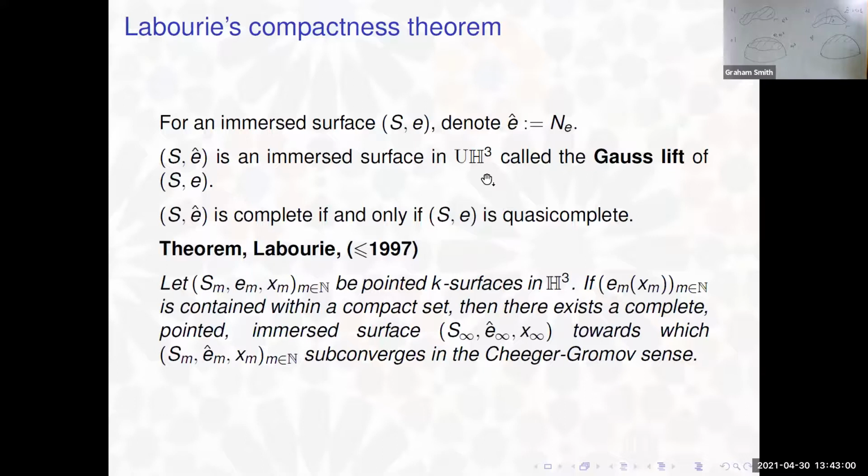It's very important. Everything happens upstairs. Towards this, a sequence of lifts subconverges in the Cheeger-Gromov sense. So if I have a sequence of K surfaces, I do not know if these K surfaces converge, but I know that their lifts converge. So I need to forget that they are surfaces in hyperbolic space.